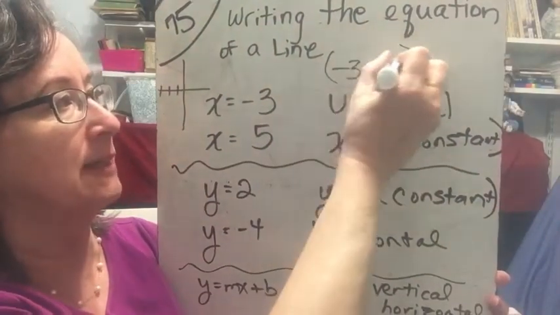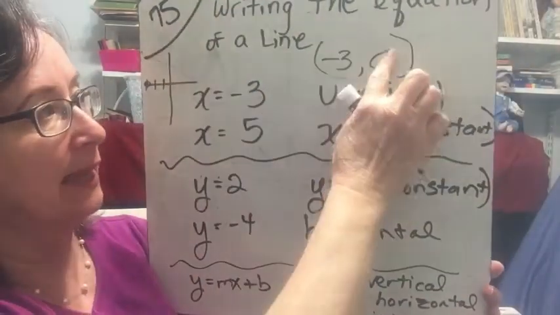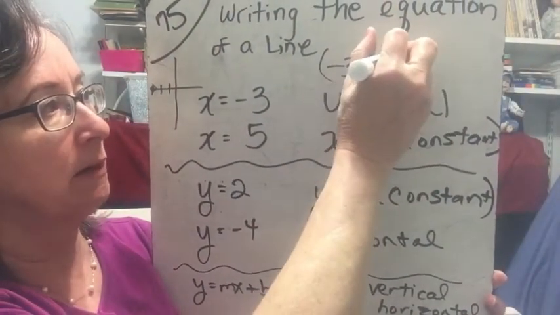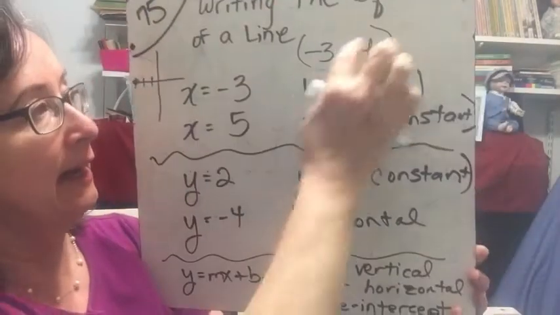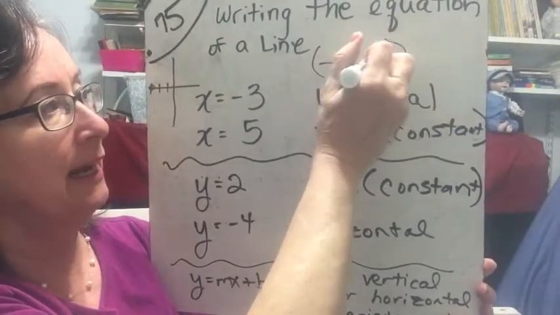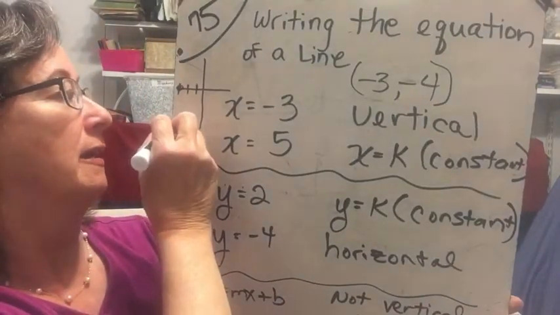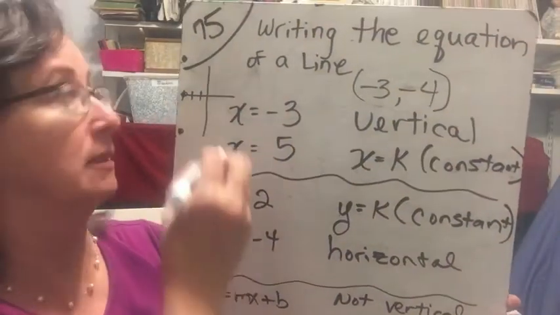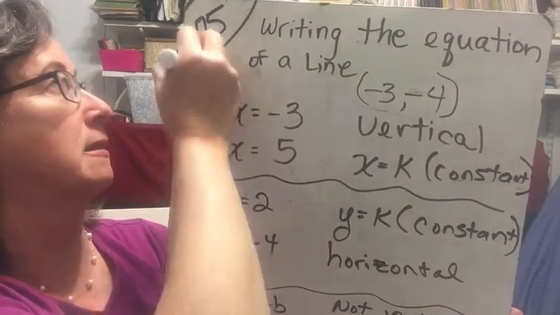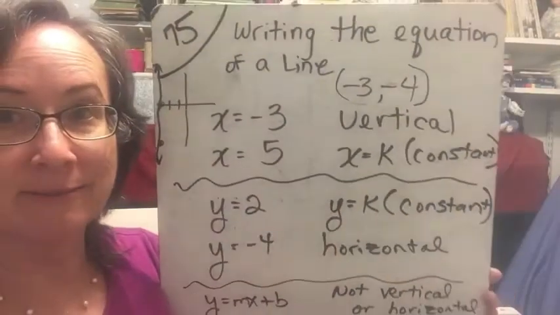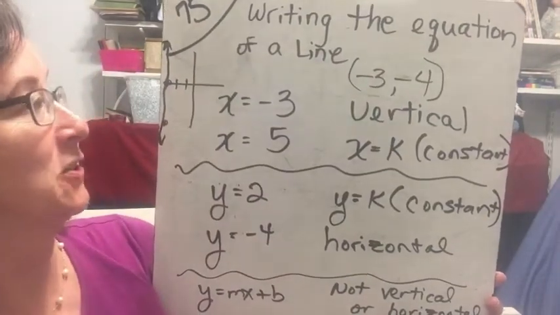So -3, 0 is right there. -3, 4 would be about right there. And -3, -4, just for the sake of showing that it is a nice vertical line. Now we're going to connect all three of our points. And what do I have? I have a nice vertical line. It's just very close to the edge there.